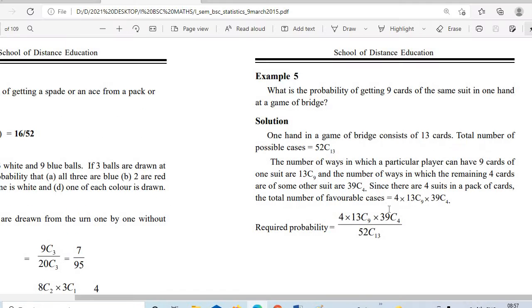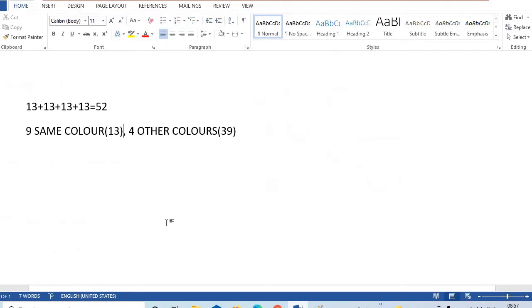So the number of favorable cases is 13C9 into 39C4. But we have 4 possibilities, because we have 4 types of cards.